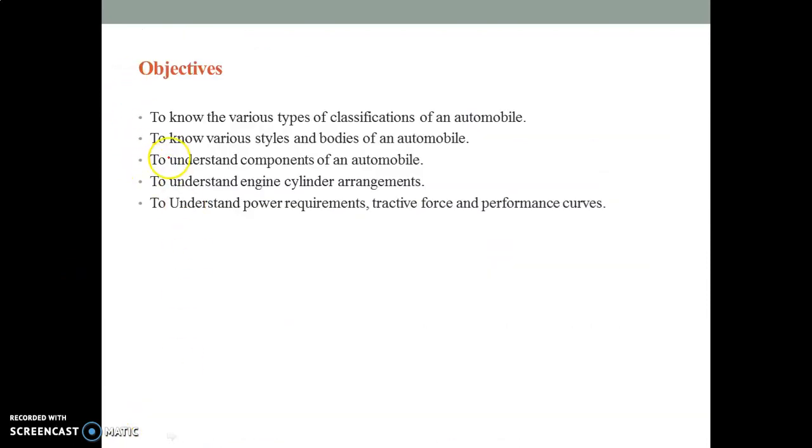The objectives of the lecture: to know the various types of classification of an automobile, which we have already covered in a previous lecture. In today's lecture the objective is to know various styles and bodies of an automobile and to understand the components of an automobile.